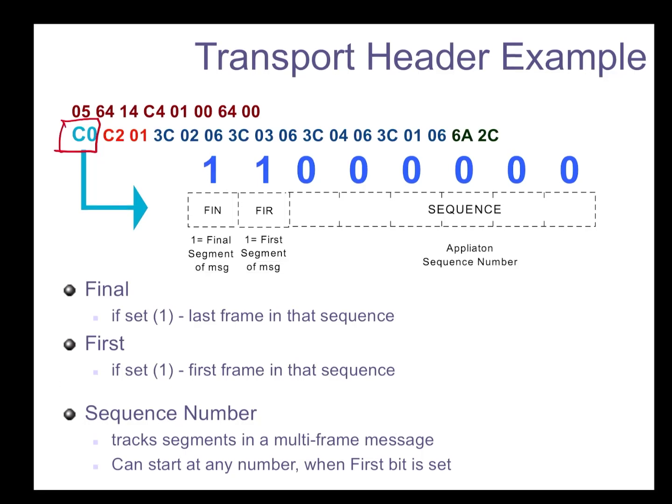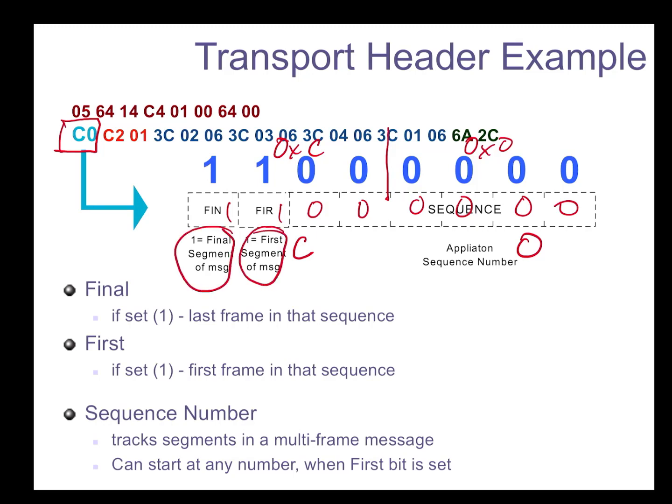If we split this right down the middle, this is equal to 0xC, and this is equal to 0x0. So this is giving us a value of C0. If we plug the 1s and 0s in there, that's 1, 1, 0, 0, 0, 0, 0, 0. That means it's the final frame and the first frame.